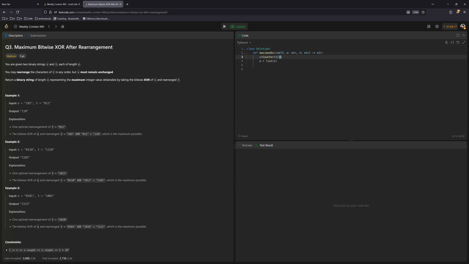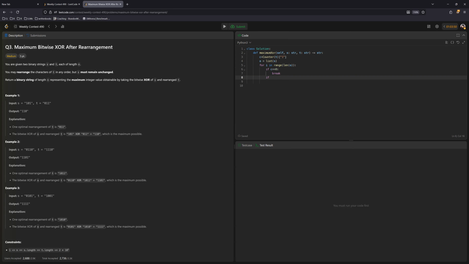And we really don't need to know. We just need to know the ones. C is the ones. So what we're going to do is say for I in range length O, and then if C equals 0, then break, and we're done.